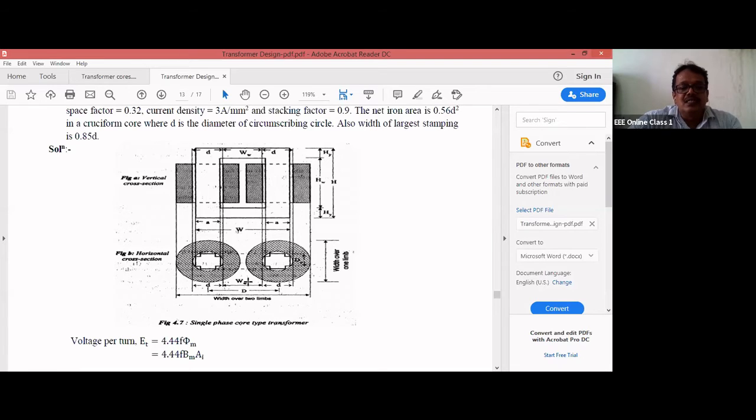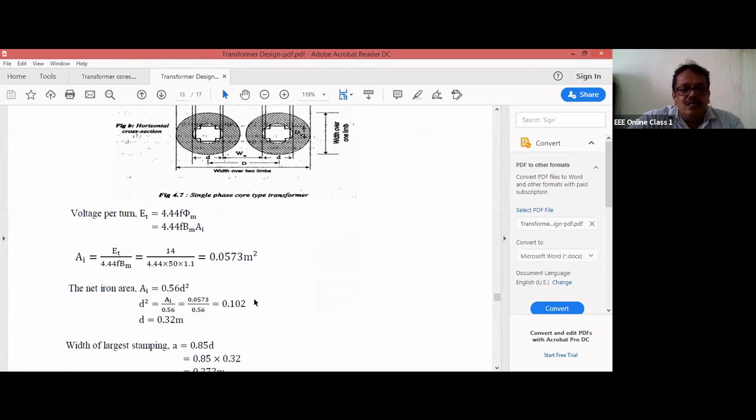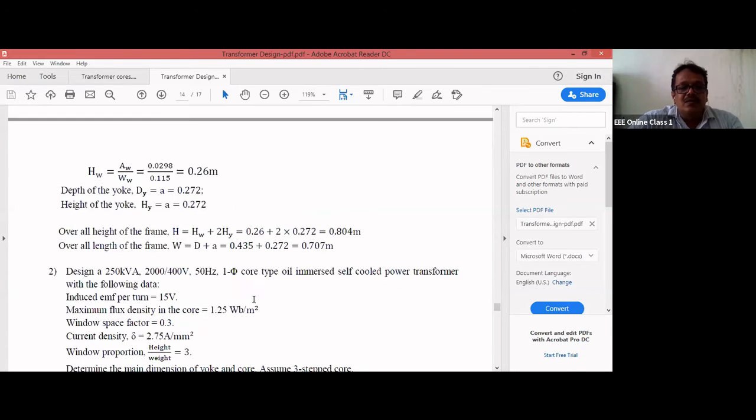I can use this Ww, the width of the window, plus the width of the window here. So overall, I think that is what you require.